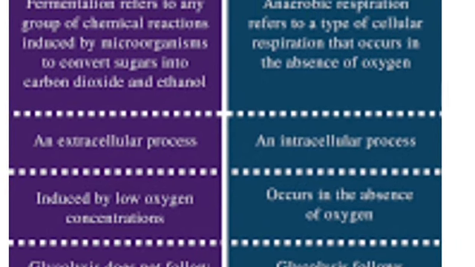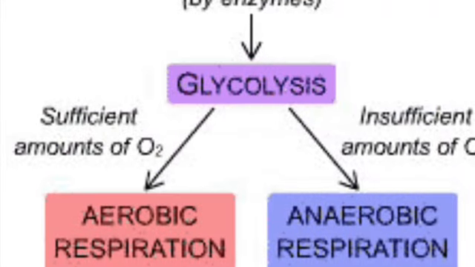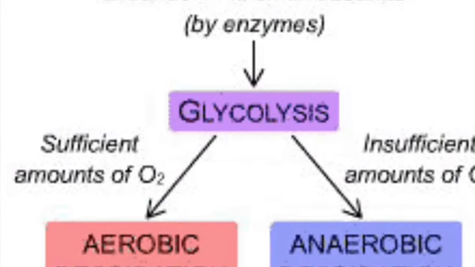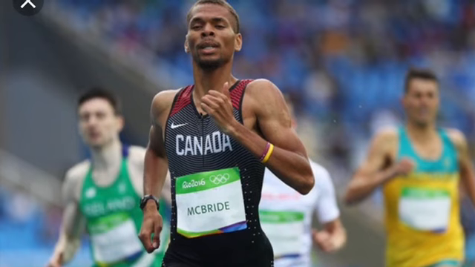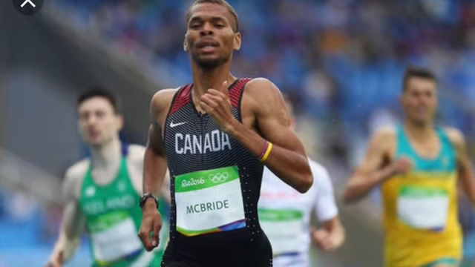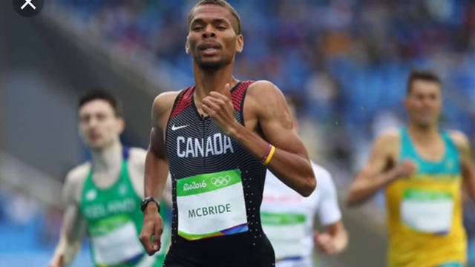And so what happens in anaerobic respiration, in your 2 types, you're going to have lactic acid fermentation. That's the kind of fermentation that a lot of times happens in muscles. It's the reason our muscles get tired. It's the reason why we experience what we call cramps.